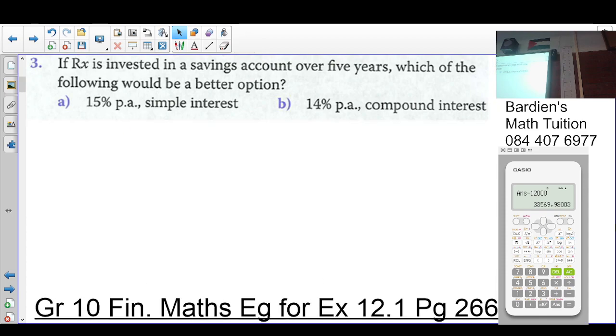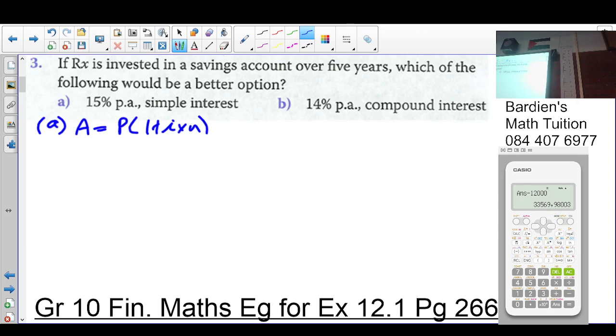People, X rand is invested in a savings account over 5 years. Which of the following would be a better option? For simple interest, what's the formula? A is equal to P into 1 plus i times n. So X rand into 1 plus 0.15 times 5 years.